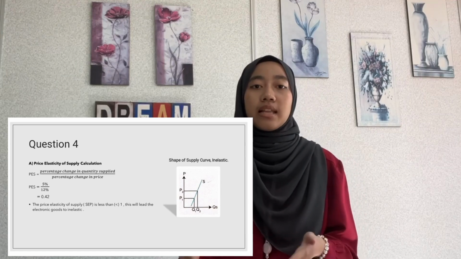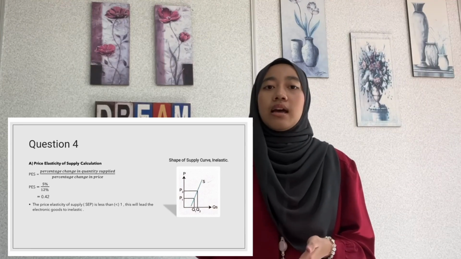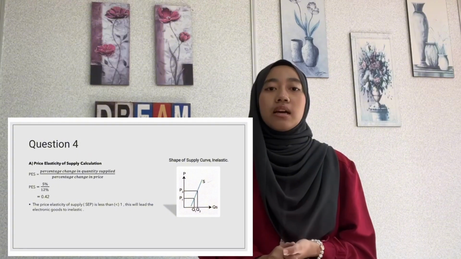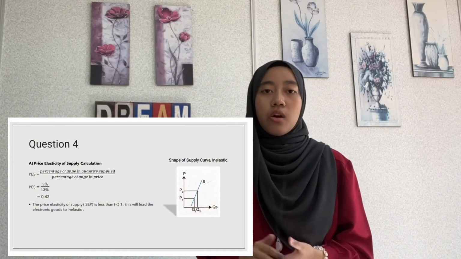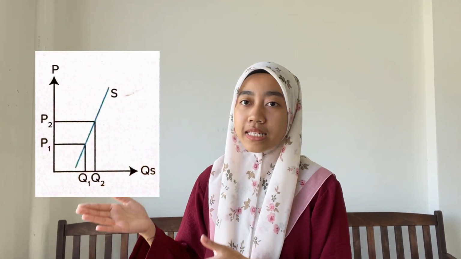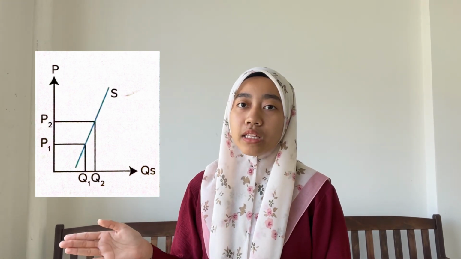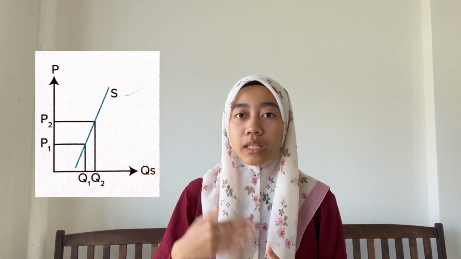Since the price elasticity of supply is less than 1, this means the supply of electronic goods is inelastic. Okay, so this is the shape of the supply curve for price elasticity of supply. At price P1, the quantity supplied is Q1. When the price rises to P2, the quantity supplied increases to Q2.